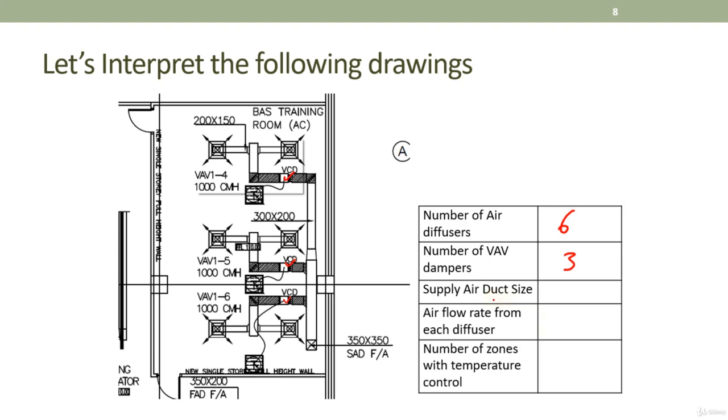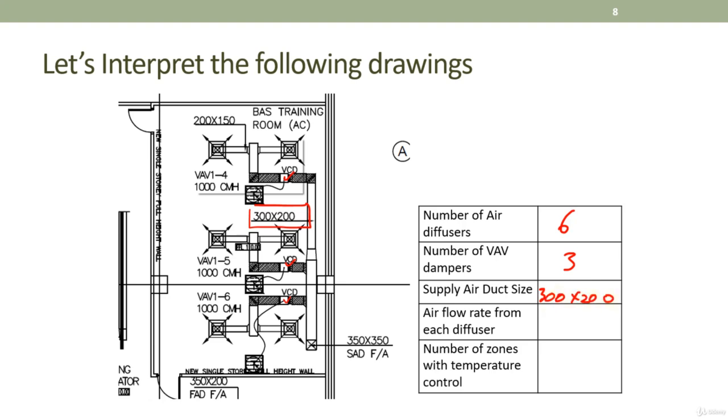Supply air duct size. You can see the main air duct size is over here: 300 times 200. 300 times 200 is the supply air duct size. Of course, over here a smaller duct is 200 times 150, but the main one is 300 times 200.